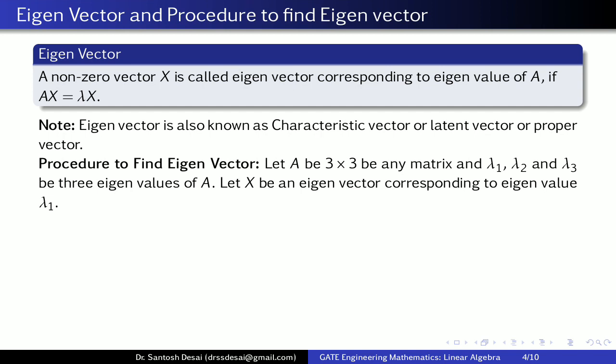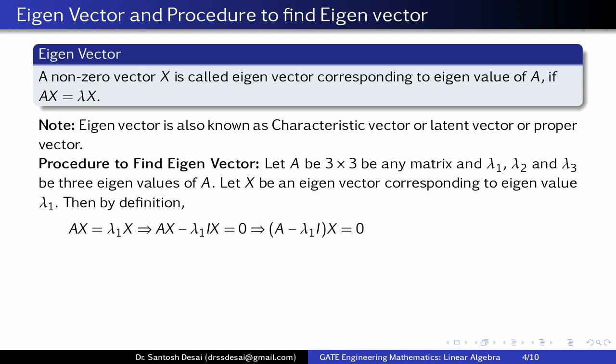Then by definition, we get Ax is equal to lambda 1 into x. Now this implies Ax is equal to lambda 1 into I into x, and one can rewrite it as (A minus lambda 1 I) into x is equal to 0.